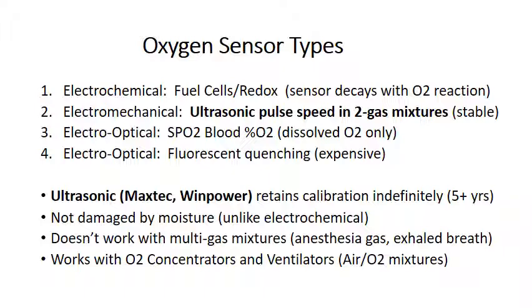So, for instance, you can't measure the oxygen in your breath with an electromechanical ultrasonic sensor. You can't measure the oxygen in an anesthesia gas mixture because it has more than two gases. That's the drawback. The advantages are that it's not damaged by moisture, which the electrochemical ones can be.